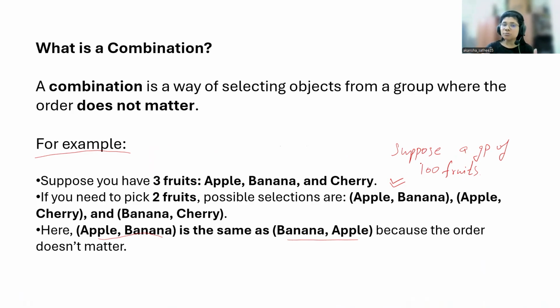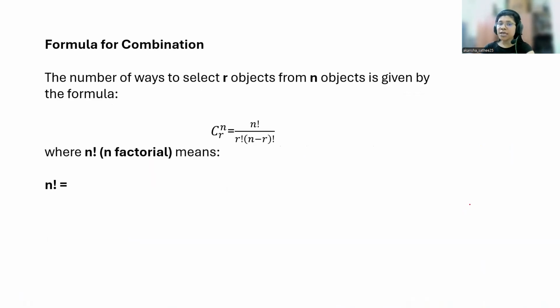If you have a small group of objects like 3, 4, 10, and you want to pick a certain number of objects, you can count easily by listing them. But if you want to select a higher number of objects from a huge group, then it would be a problem. So in that case, how will you calculate it?